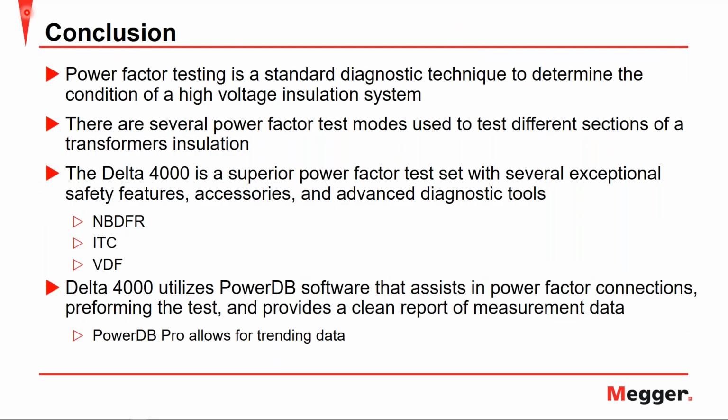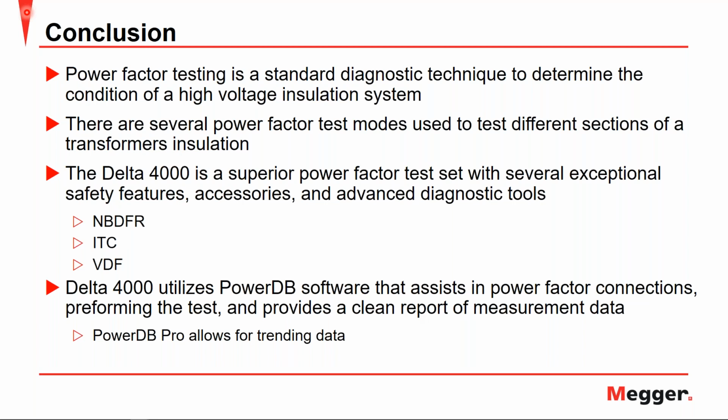And to sum it up, power factor testing is a standard diagnostic technique that's used to determine the condition of high voltage insulation systems. There are several different power factor test modes that are used to isolate different sections of the transformer insulation.